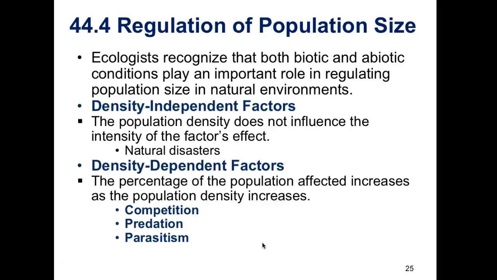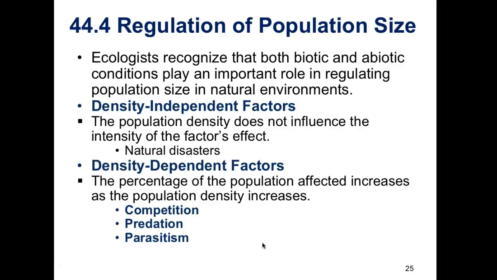Natural disasters are things that occur independent of what that population size is. You could have an earthquake at any moment, whether it be in an area where there is very little of a population of human beings, or you could have it in an area where there is a very dense concentration of human beings within a given area. So that would be an example of a density-independent factor.